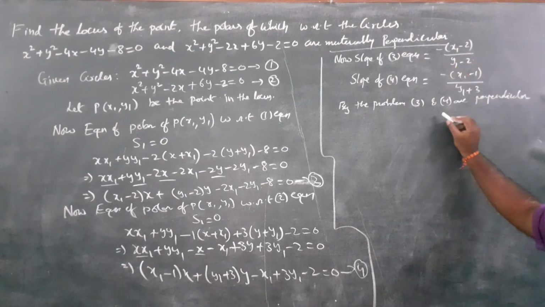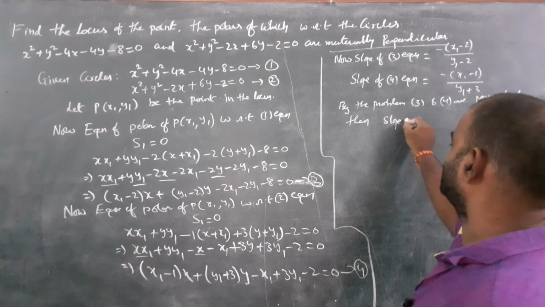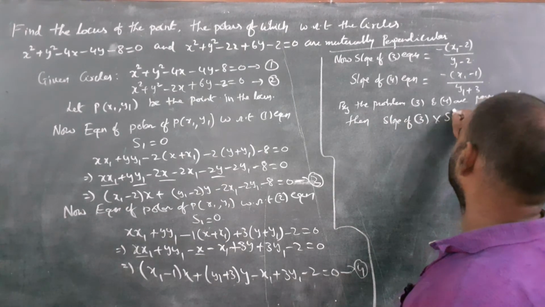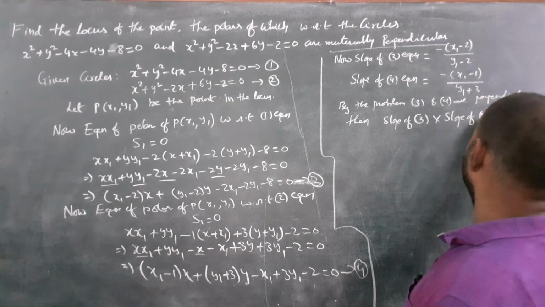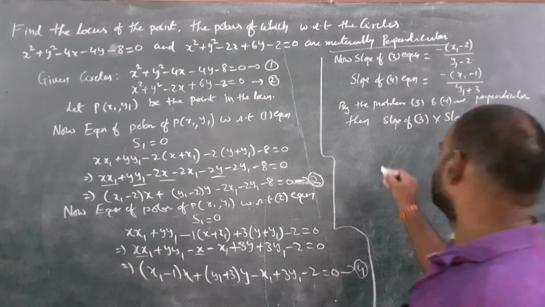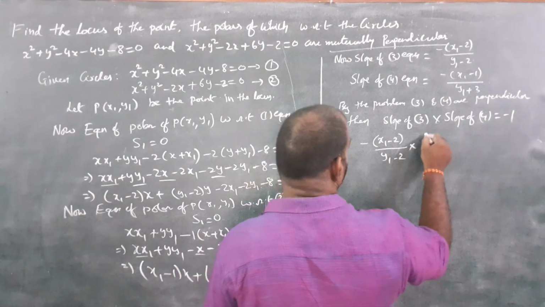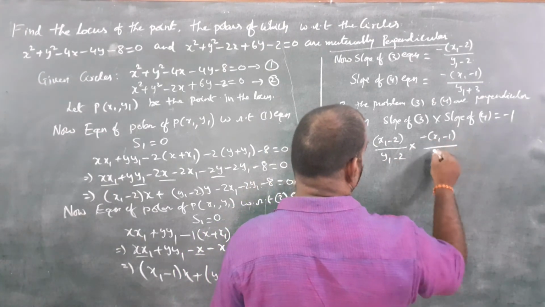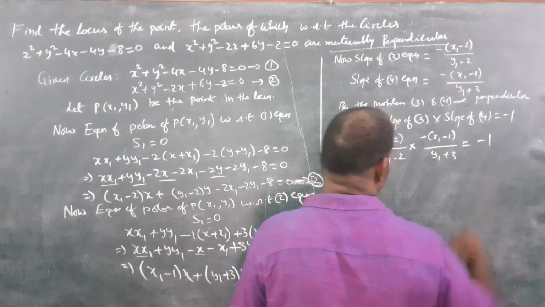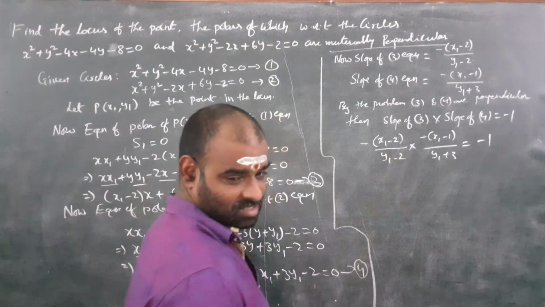Then the condition is slope of 3 into slope of 4, because if two lines are perpendicular, then the product of their slopes is equal to minus 1. So minus of x1 minus 2 by y1 minus 2 into minus of x1 minus 1 by y1 plus 3 equal to minus 1. Here minus into minus becomes plus.